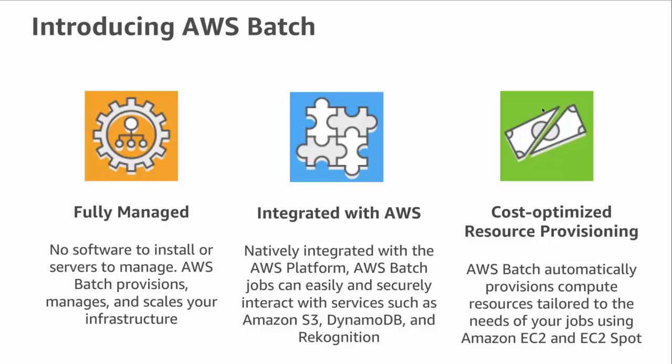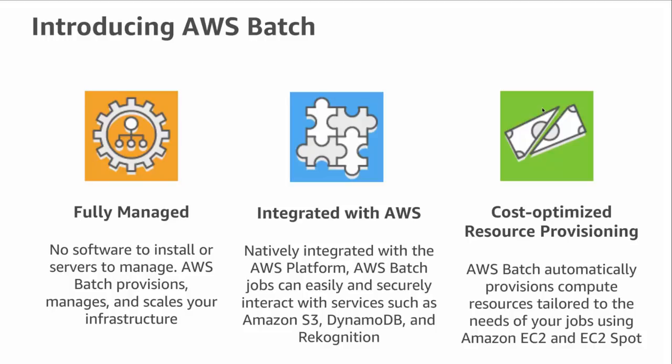It's also heavily integrated with other AWS services, with native integration with the AWS platform. AWS Batch can easily and securely interact with other services such as S3, DynamoDB, Rekognition, et cetera, all from just within the service itself. And one of the very important things is that it's cost optimized around its resource provisioning model, right?